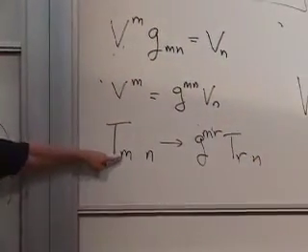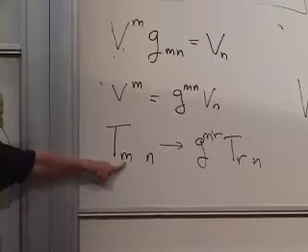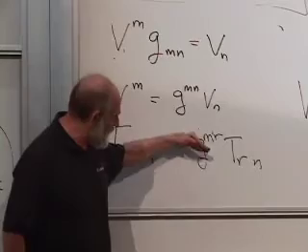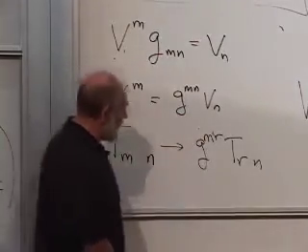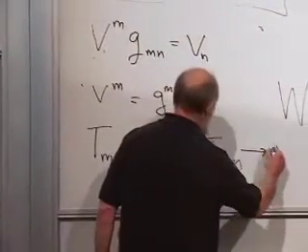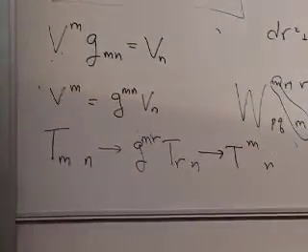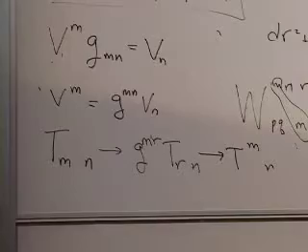I've taken the first index on the left here, and I've applied the trick to the first index to raise it. And what does this give me? This gives me an object that I can call Tmn. So I can raise and lower the indices.